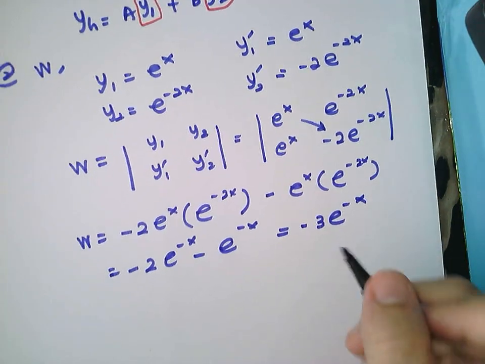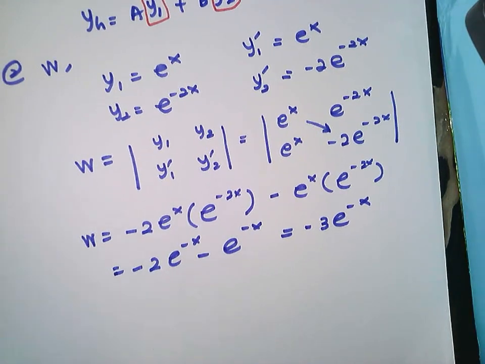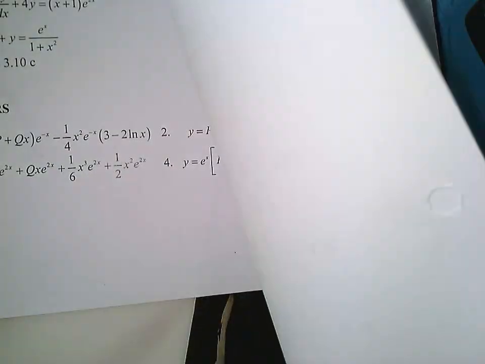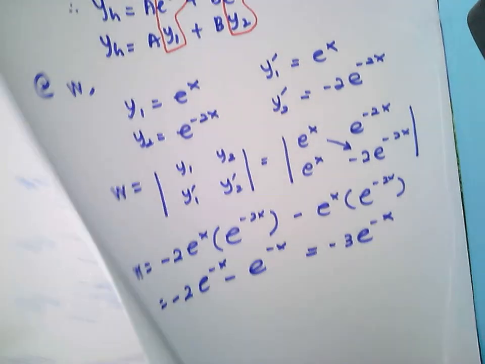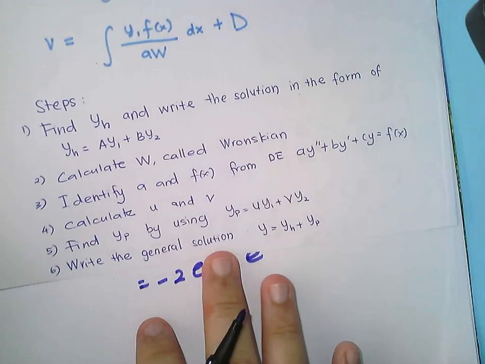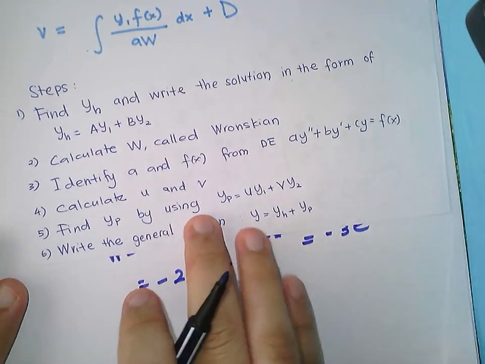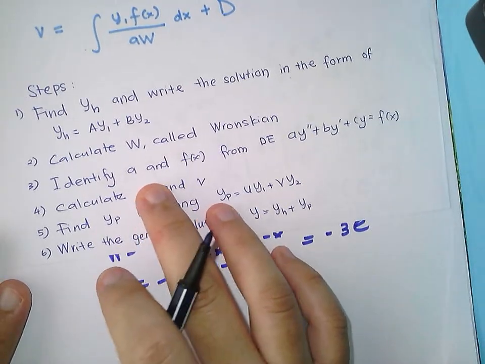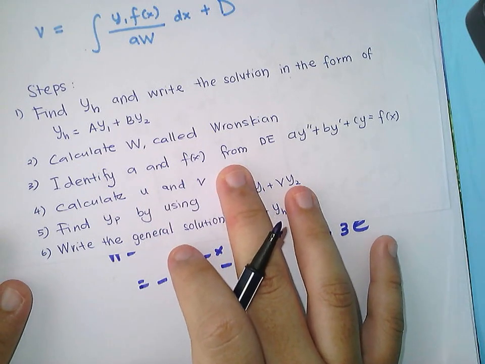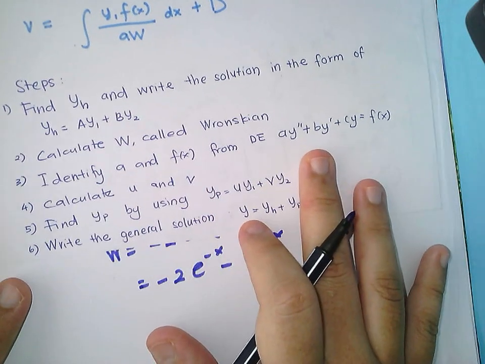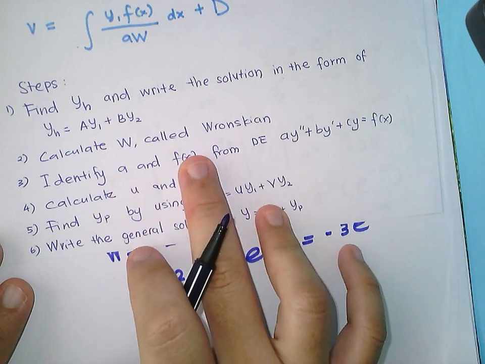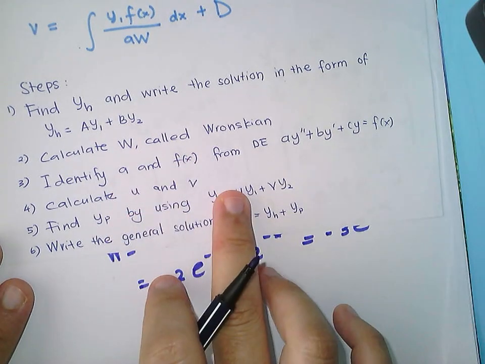Next you need to find your u and v. But before that you have to identify what your a and f(x) are based on your differential equation, because you're going to use these two to calculate u and v.